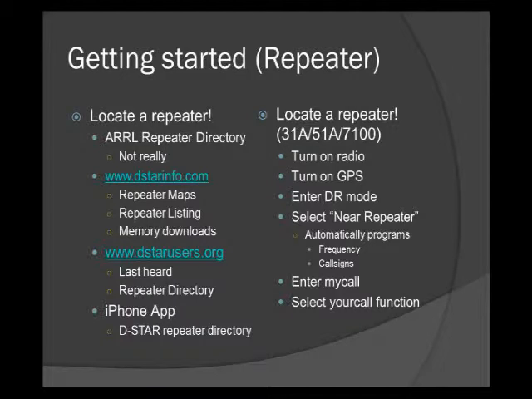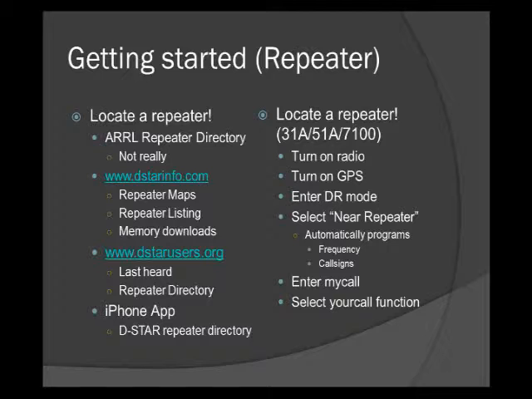Getting on the air, sometimes people say D-Star is too complex. With the newer generation of radios, and we'll call that the 31A, the 51A, and the 7100, turn on the radio, turn on your GPS, enter the DR mode, select near repeater.